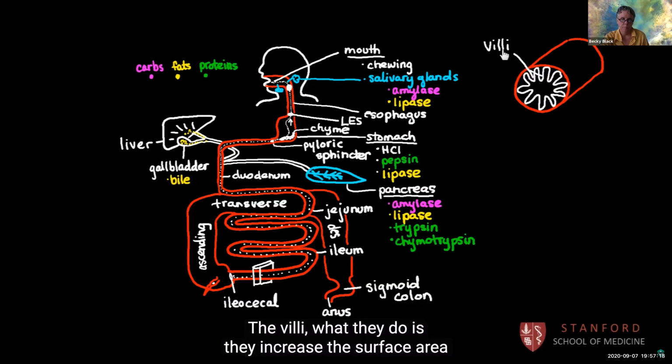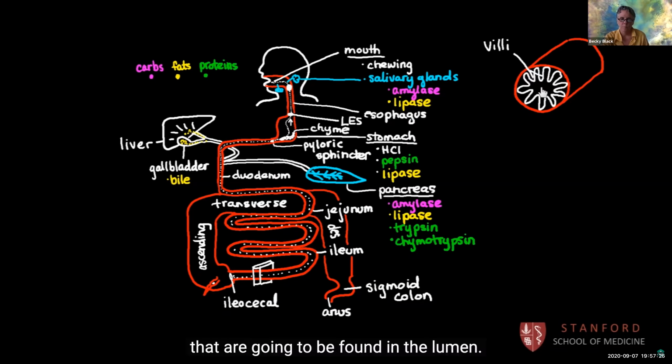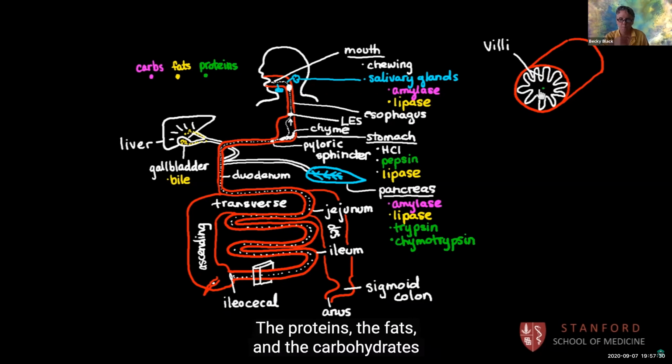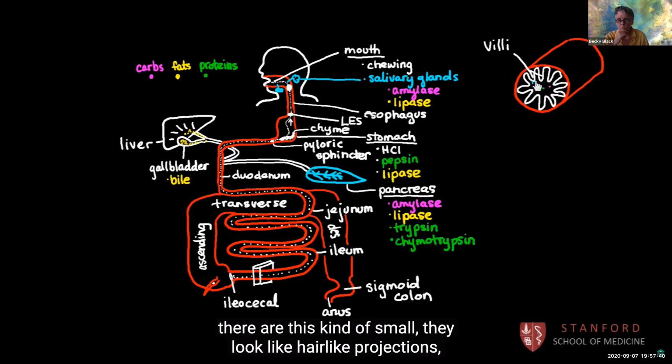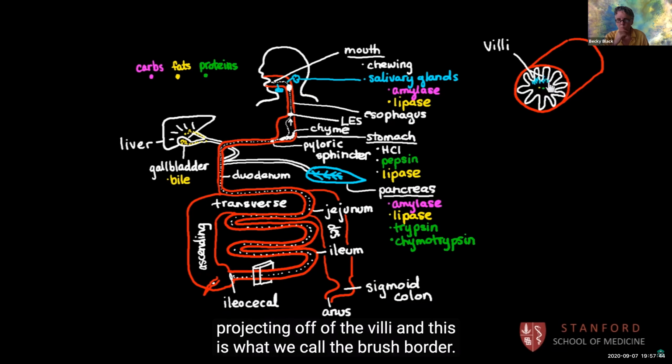And the villi, what they do is they increase the surface area for absorption of all of those important nutrients that are going to be found in the lumen. So the proteins, the fats, and the carbohydrates that are going to be passing through this lumen. And better yet, to further increase the surface area, there are these kind of small, hair-like projections projecting off of the villi.